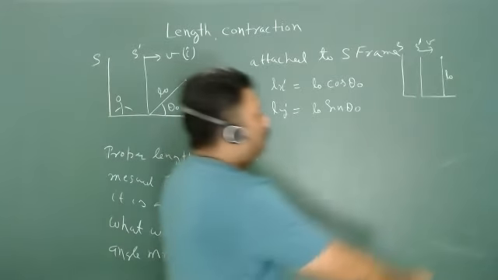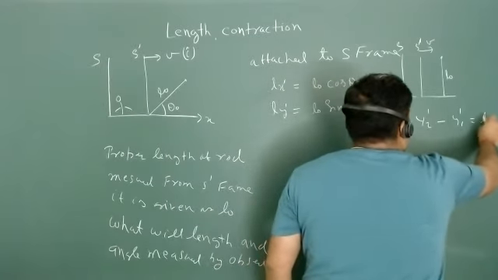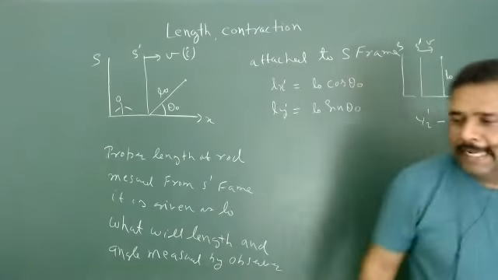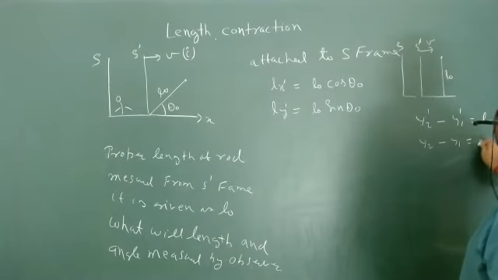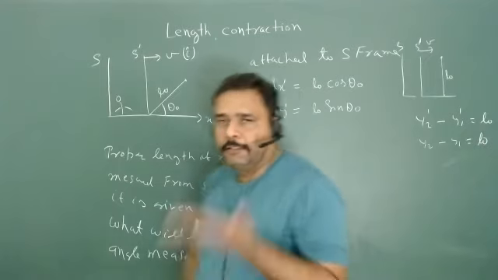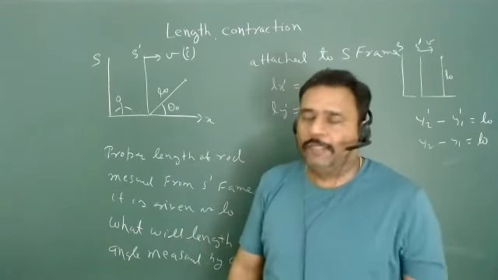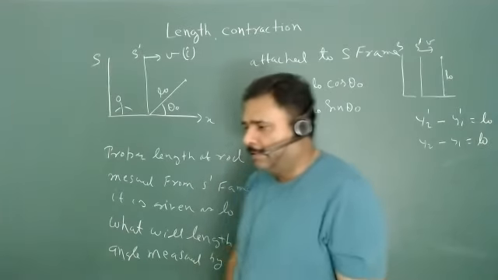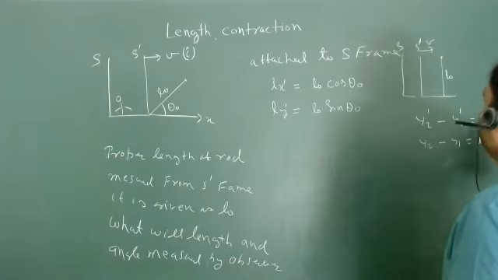Because you will measure y2 dash minus y1 dash is equal to L naught, and if you transform with respect to this particular S frame, then again y2 minus y1 is equal to L naught, isn't it? There is not any relative speed in the direction of y, so there is no change in length in the direction of y. Yes, everyone? Okay, so y2 minus y1 is equal to L naught.